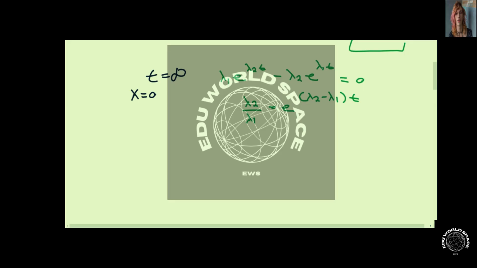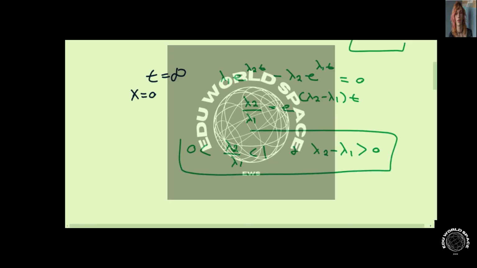It's going to have to be between 1 and 0 for this particular problem. And also that lambda 2 minus lambda 1 is going to have to be bigger than 0. So we do find that out from the restrictions that we were given in this problem. And now we can do B.